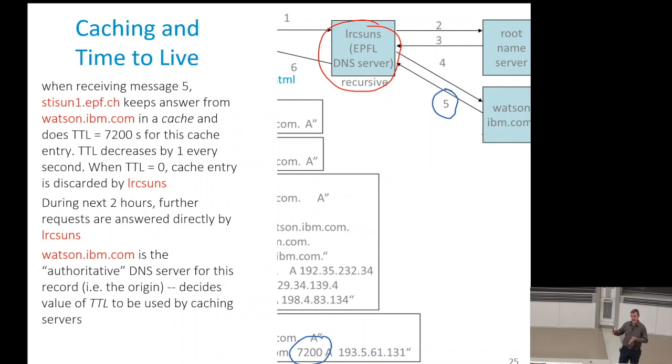Well, that's one of the difficult issues with caches. That's one of the problems with caches in general. Here in DNS, this is controlled by the originator of the DNS record. In that case, the IBM DNS server puts a value, and then you simply copy the value that you receive here. So here, this means the EPFL server will keep during 2 hours this value.